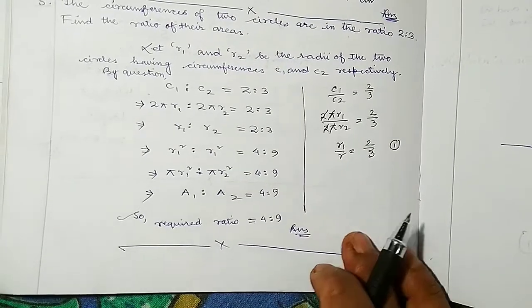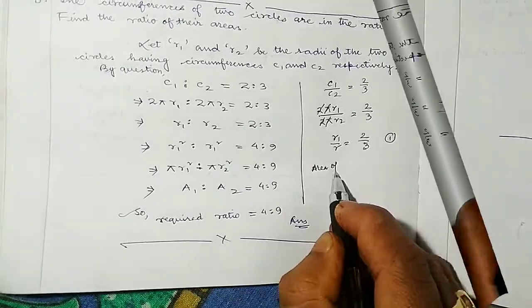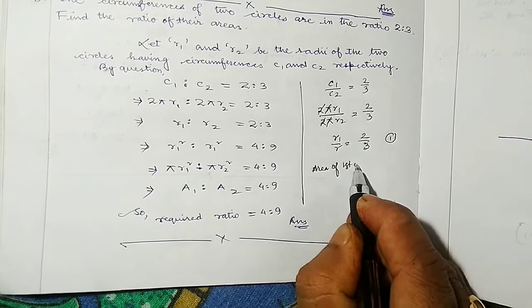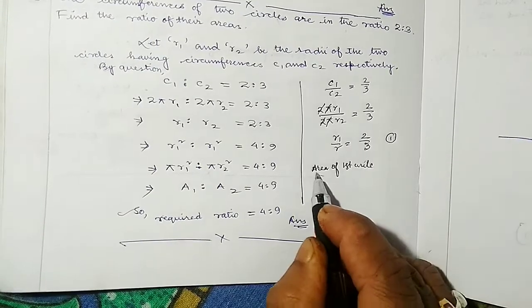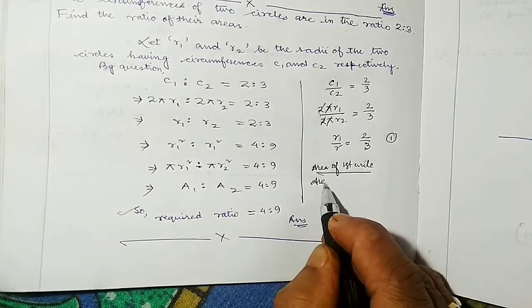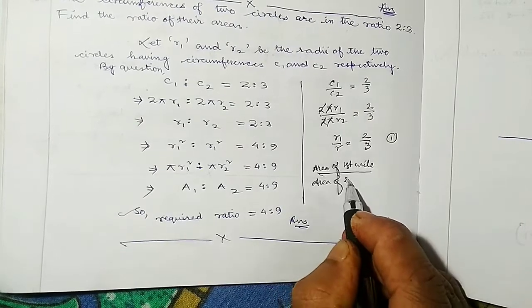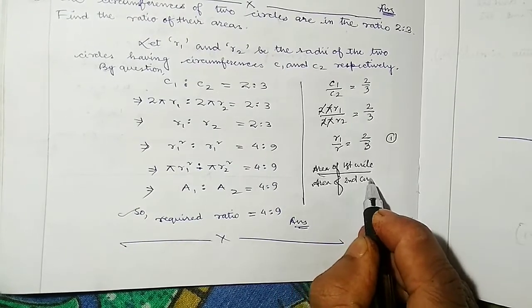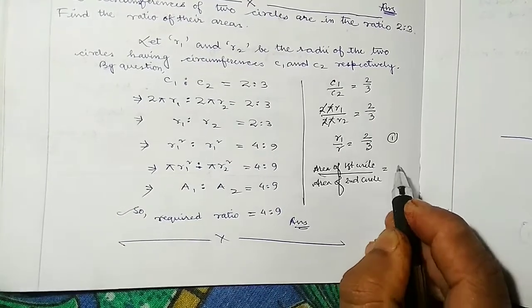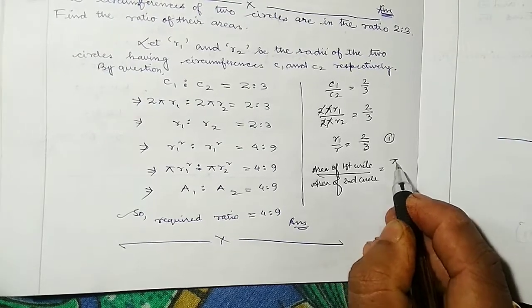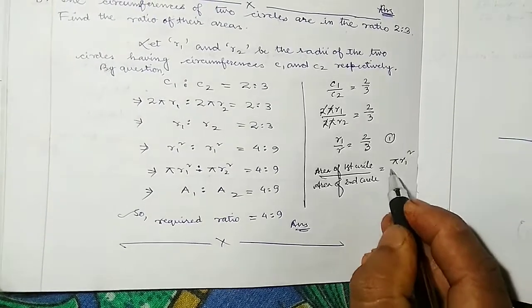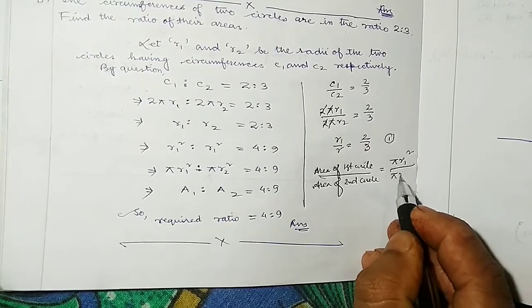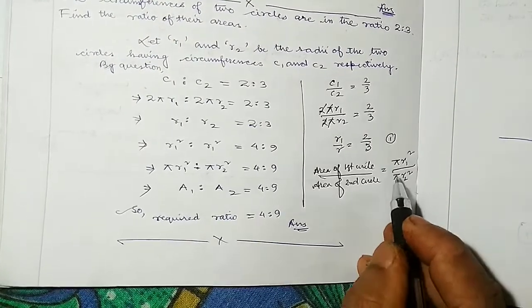Now we want the ratio of areas. Area of first circle by area of second circle. We know the formula of area is pi r square. So it will be pi r1 square by pi r2 square. Pi can be cancelled.